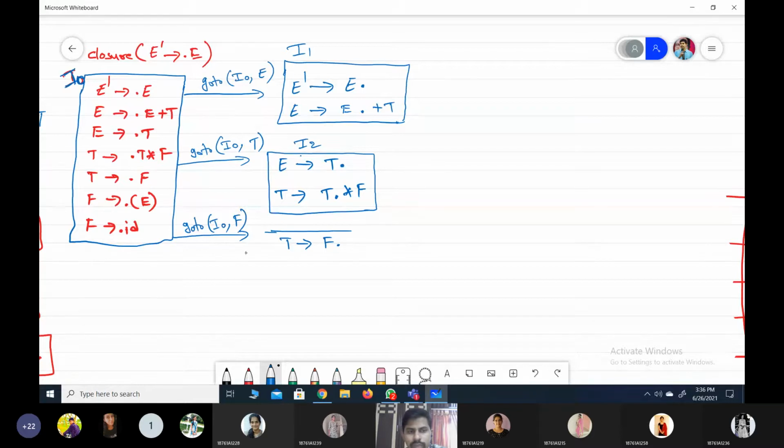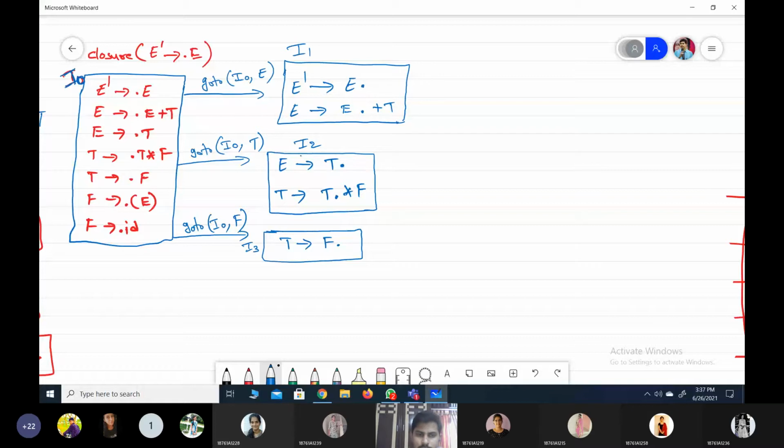I don't have any F symbols in the right hand side direction, only one production, and it is not matched with any one of the item sets. So I would like to rename it as I3. If it is matched, use that item set number only. Everyone, is it okay?